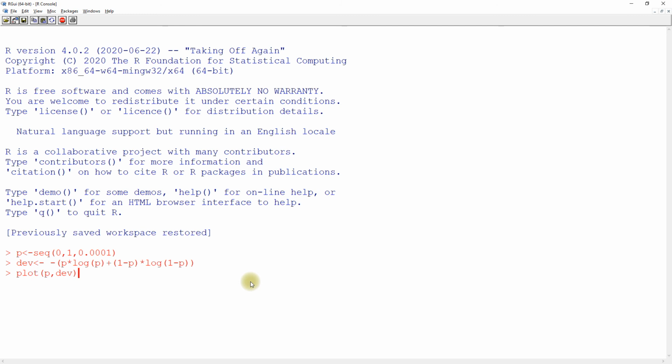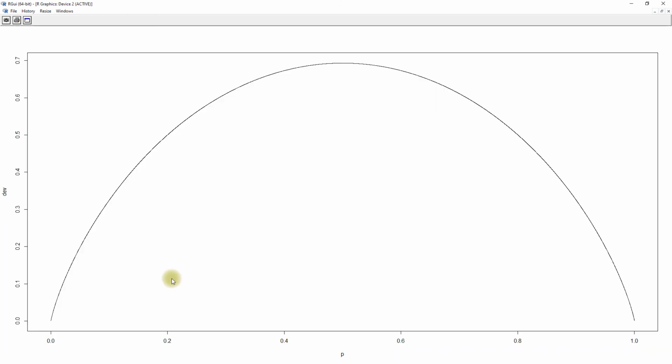What we're gonna do here is, yes, we'll leave it as it is, but I'm going to set type equal to L, just for it not to be dots that are gonna appear in the graph. Here we go. We get our first graph, as you can see here.